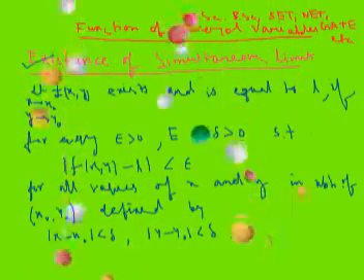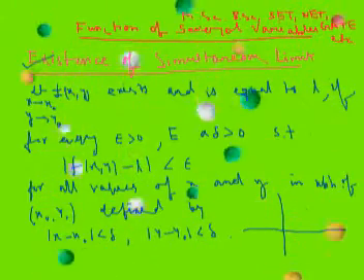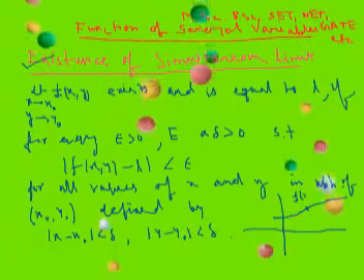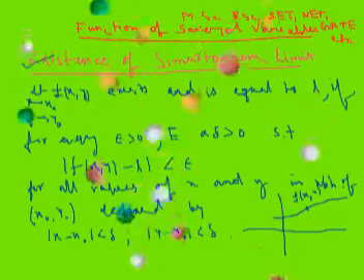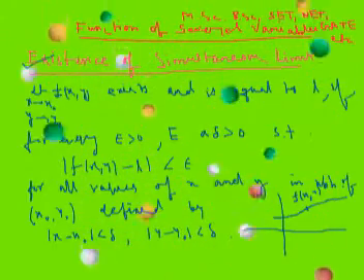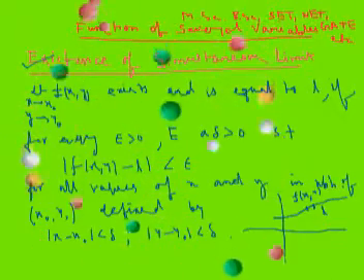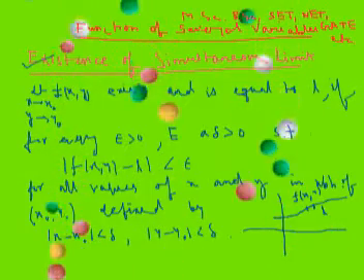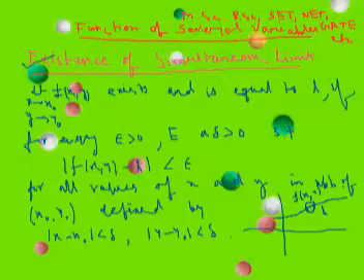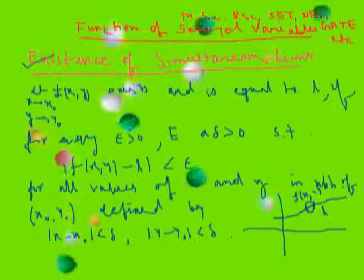How can you explain this existence rule for the simultaneous limit? If we take a Cartesian plane, a two-dimensional plane, and a curve f(x,y), with L as its limit point, the distance must be less than epsilon.